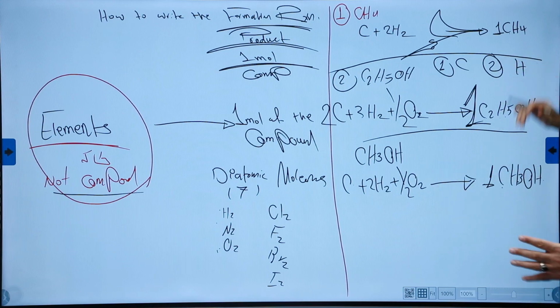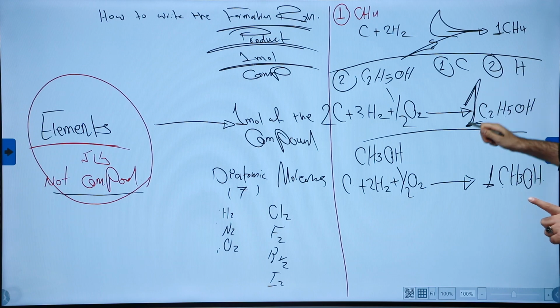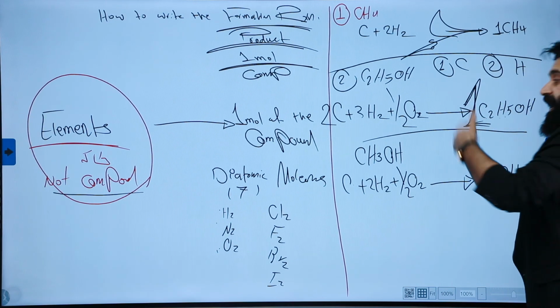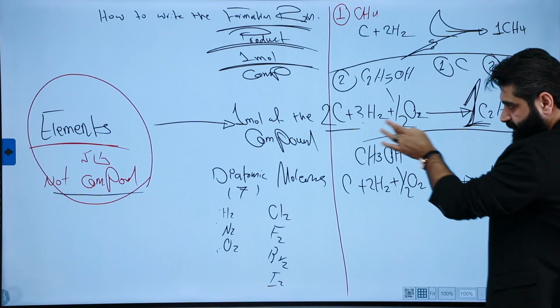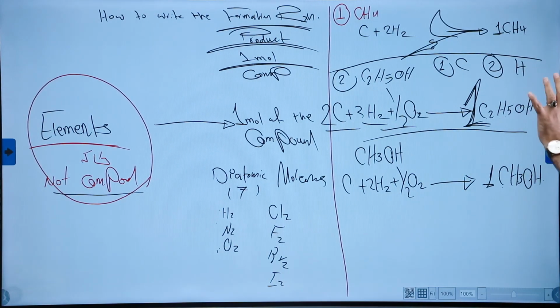How do we know if the equation is a formation? First of all, we need to have 1 mole of the compound. At the reactants, there must be elements alone.